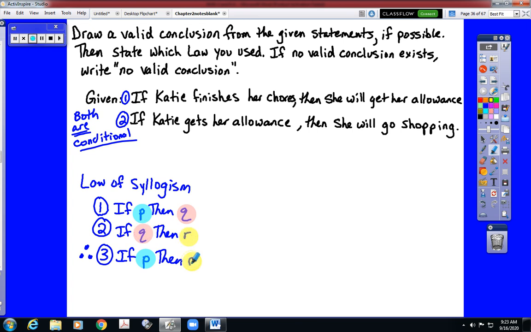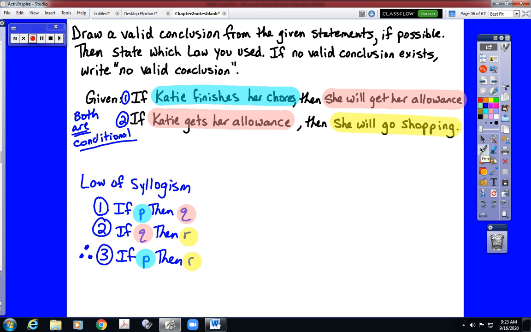So when we're looking at the givens, our first statement is if P, then Q. So P is Katie finishes her chores, and Q is she will get her allowance. The second statement then has to start with Q. It has to say Katie gets her allowance, which it does, so we fit the pattern. Then she will go shopping. So since it matches the pattern, there is a valid conclusion that can be drawn.